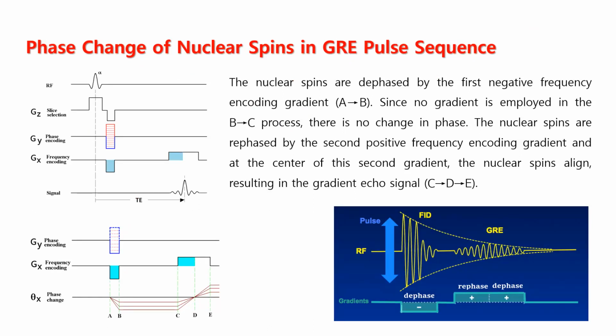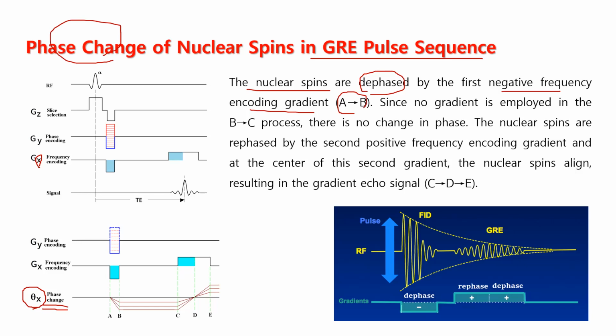Now let's see the phase change in the GRE pulse sequence. Phase change means phase change in the x direction, the frequency encoding direction. The nuclear spins are dephased by the first negative frequency encoding gradient.